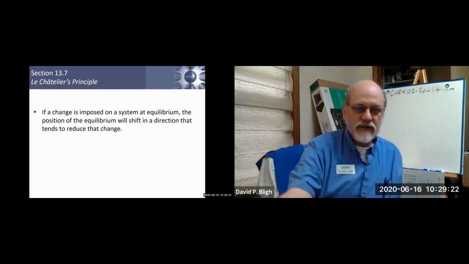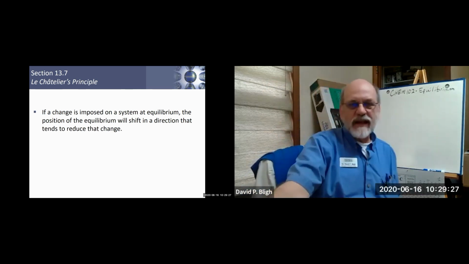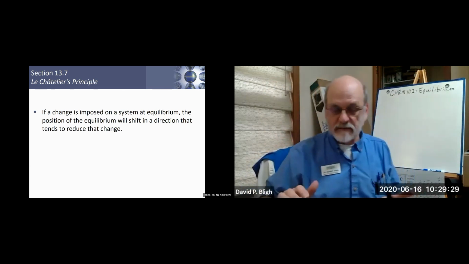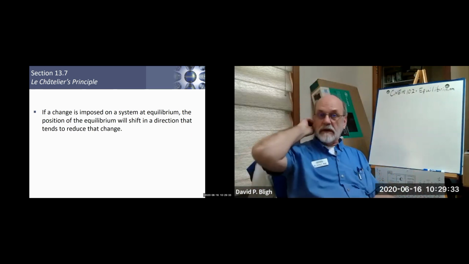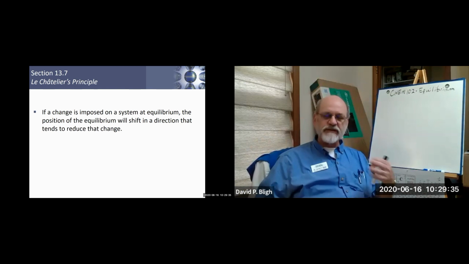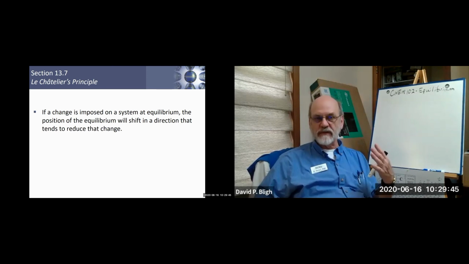Okay, so let's get on with Le Chatelier. Le Chatelier's principle is very simple, and we've been using it up to this point anyway. It just says that if a system is at equilibrium, then any disturbance to the equilibrium will be countered by the system in such a way as to reduce the change.